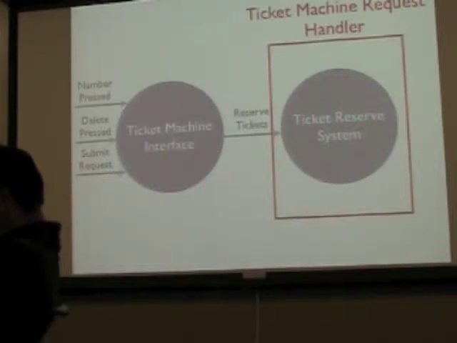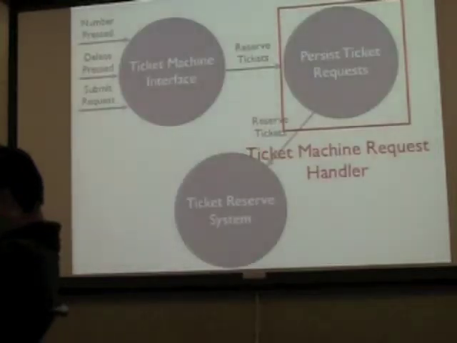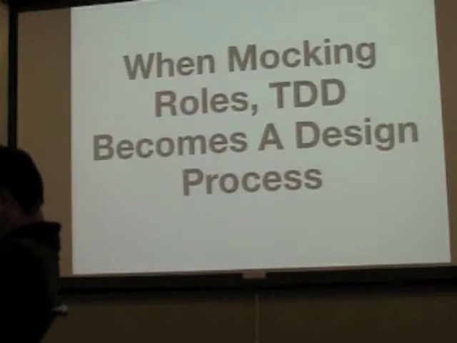And the role here is the ticket machine request handler. At this point, the ticket reserve system is playing the role of the ticket machine request handler, but as I change the composition, now a persist ticket requests object might be playing the role of the ticket machine request handler. The key thing to note here is that when you're mocking roles, TDD becomes a design process.